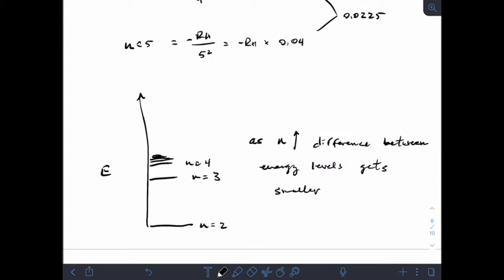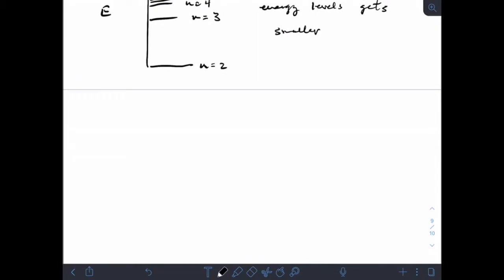Okay, so far we've only done practice problems involving transitions from higher energy level to lower energy level, and those are emission transitions. But we can also talk about energy transitions going from low to high. So let's change colors, and let's say, what is the delta E for transition from n equals 2 to n equals 4?